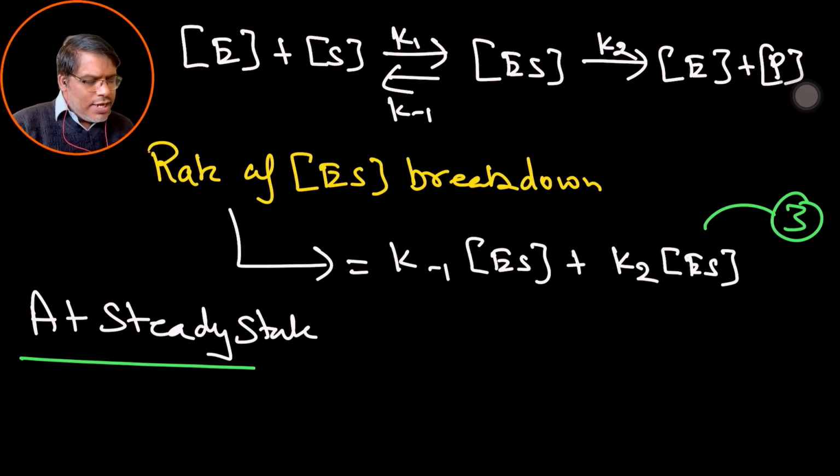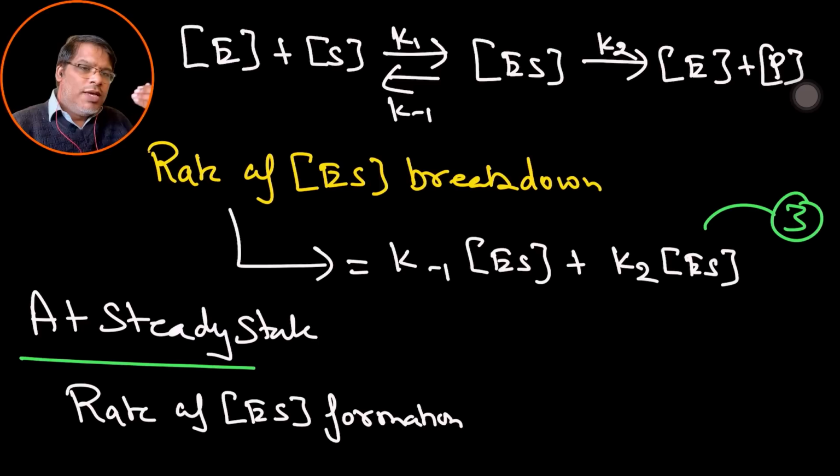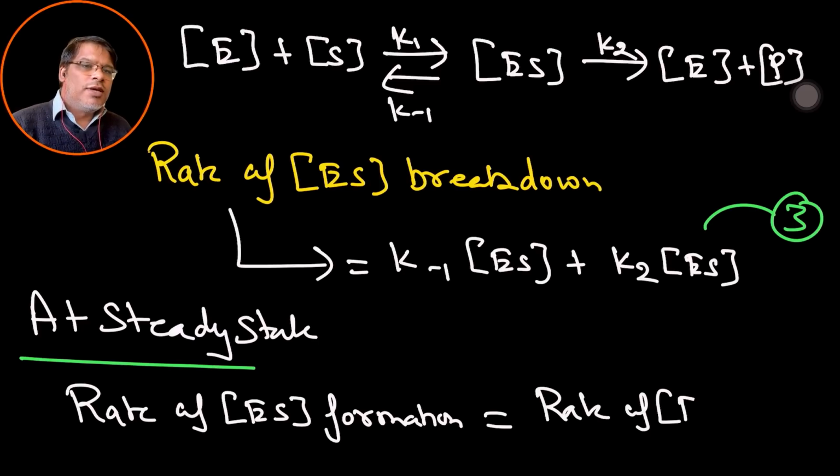At steady state, what is going to happen? The rate of ES formation will be equal to the rate of ES breakdown. The rate of enzyme substrate complex formation will be equal to the rate of enzyme substrate complex breakdown.